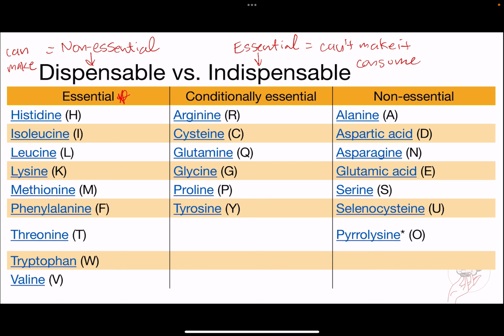I want to draw your attention to the conditionally essential. These are amino acids that we make, but in times of stress, we may not be able to make enough.